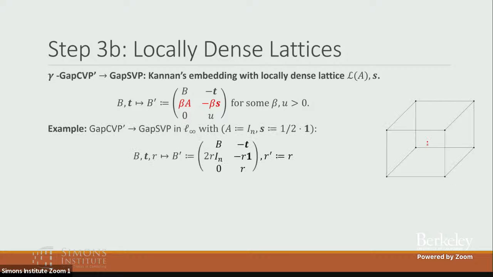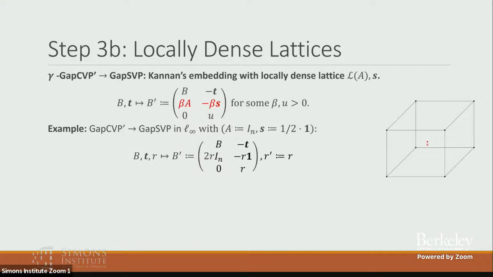Let's look at this in the idealized world in the L infinity norm. Here we can basically just take our gadget lattice to be Z^n, and we take the target to be the all-halves vector. I scale that a little bit when plugging it in here, but if you stare at this a bit, you'll see that this reduction actually just works.